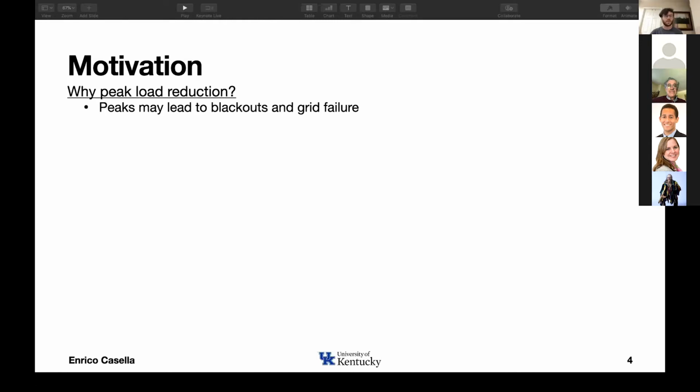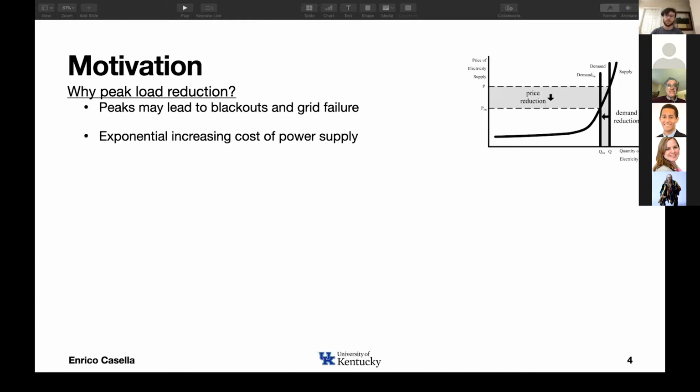From the utility company's point of view, as you can see on the graph, the cost of creating energy at some point increases exponentially, and it is in the interest of the utility company to decrease the demand so that they save money. And from what we've seen, it is actually a lot of money.